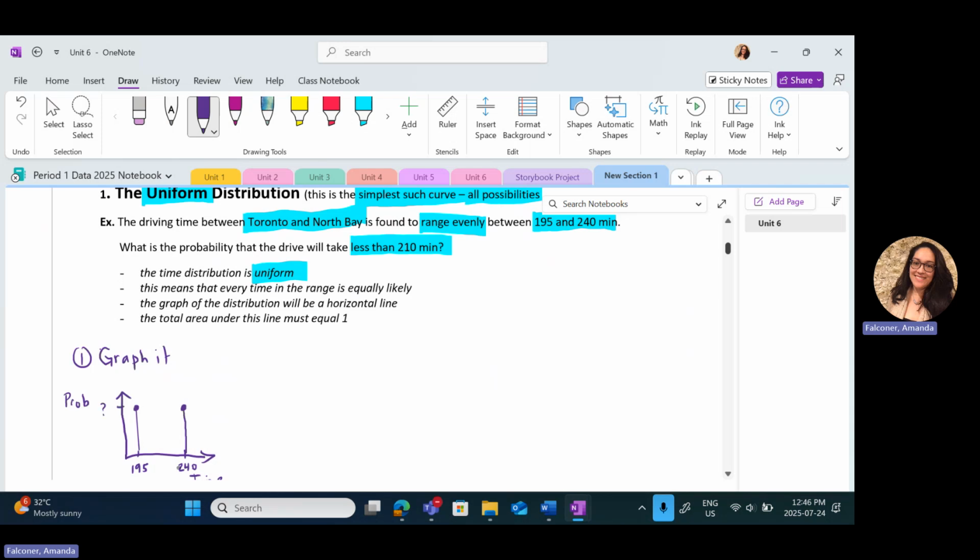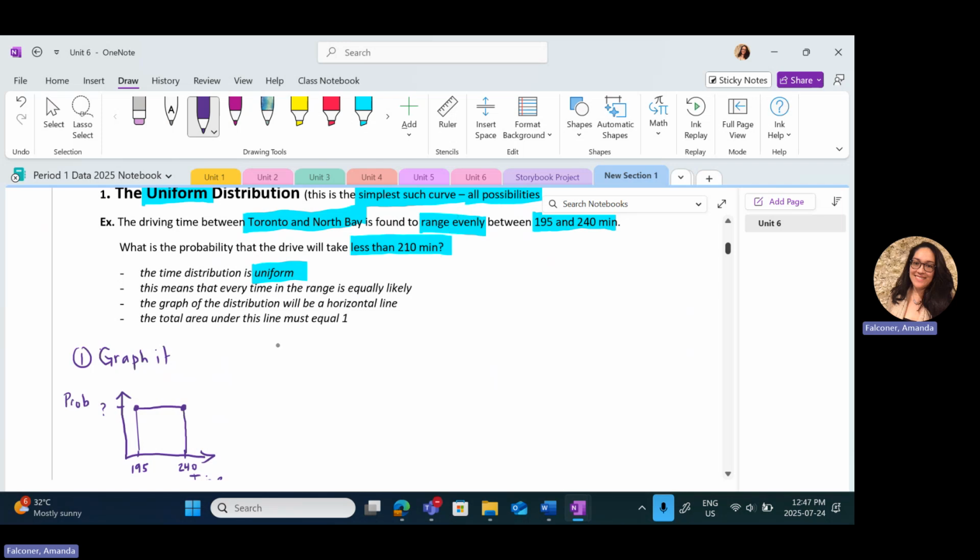But every single time, like 200 or 215, they're all going to be at that exact same likelihood of occurrence, which is my question mark here. And so that's why the graph of this probability distribution is a horizontal line.